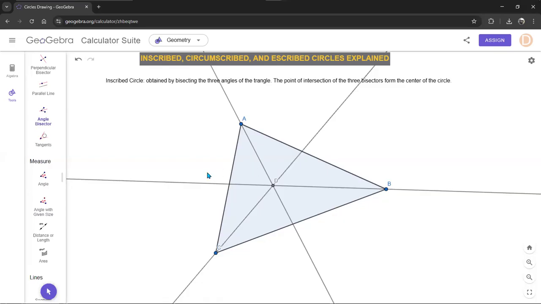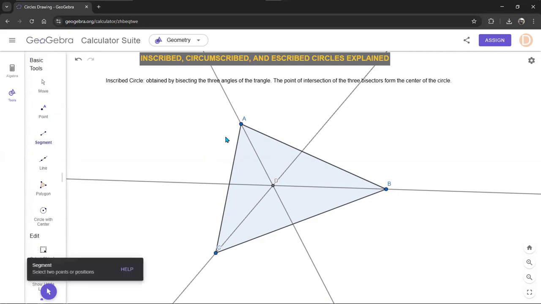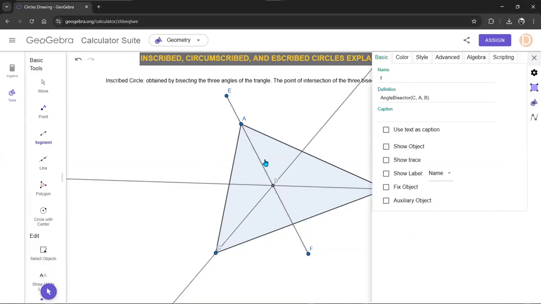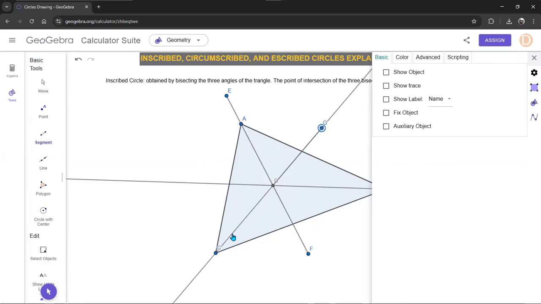Since our lines are very long, I need us to trim them to shorter ones. So we can trim it there, and the same with this one.